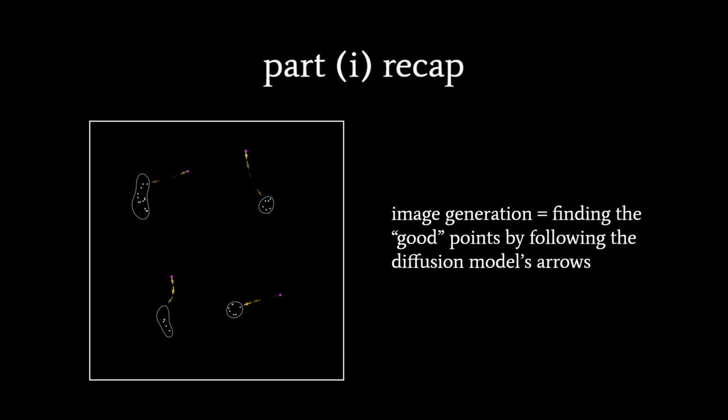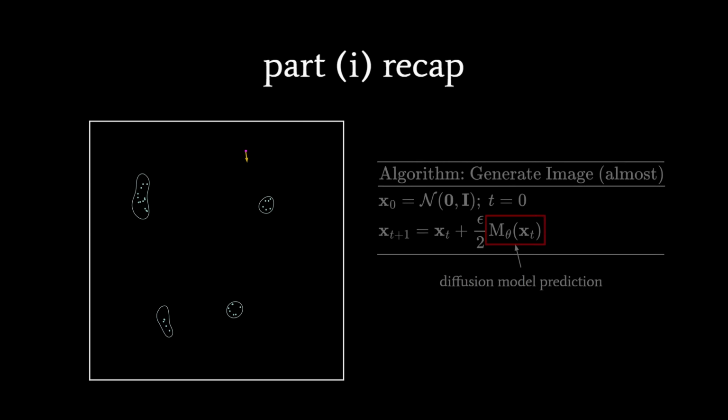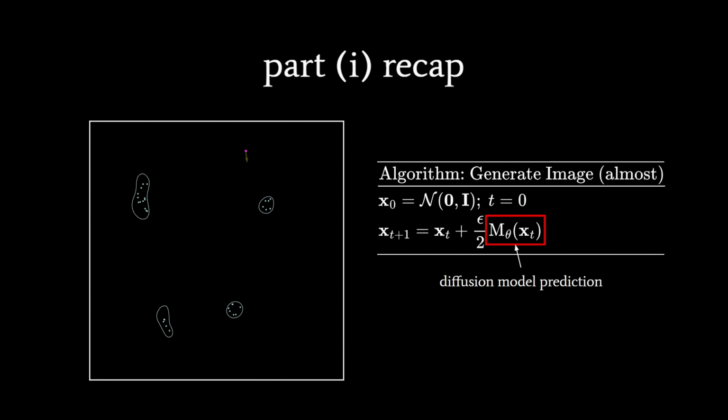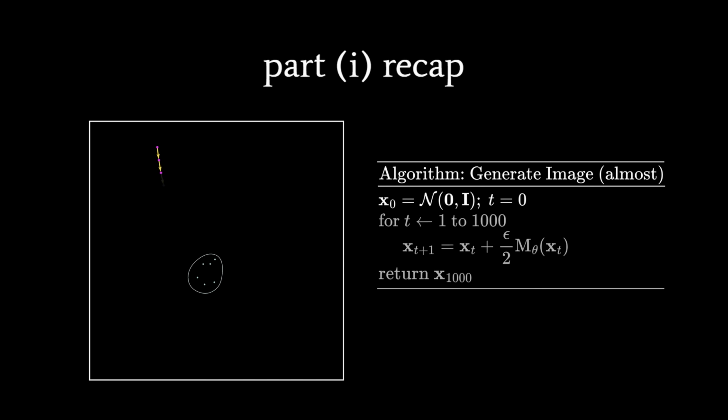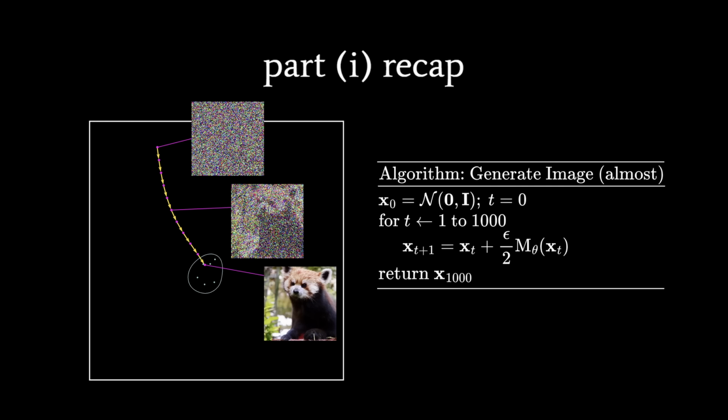Every time you take a step, mathematically, this means adding the diffusion model's prediction to your current location, and geometrically, this means taking a step in image space from your current location to some new location that's closer to a cluster of good images than where you were before. Repeating this process generates your image, and puts this entire process inside a loop.